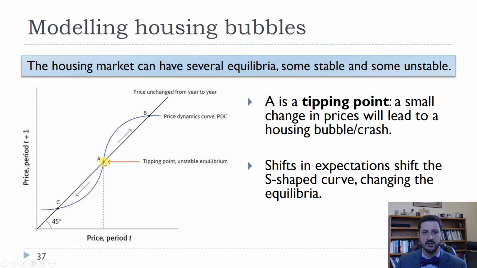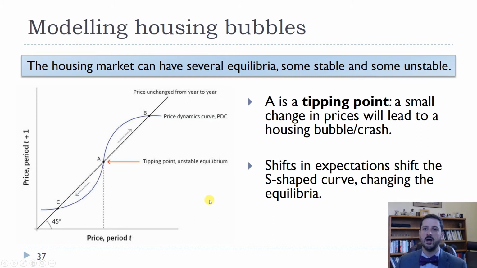And the idea here is that where we're at point A, where the price is the same in both periods, if it goes up, we could end up with a positive feedback loop, in which case we get a bubble until we get to price B. Whereas if we get a price decrease, we could get a positive feedback loop that ends up with a lower price until we're at C. And B and C are both stable, so they both have negative feedback loops. So any change in the price will get pushed back to B or C.